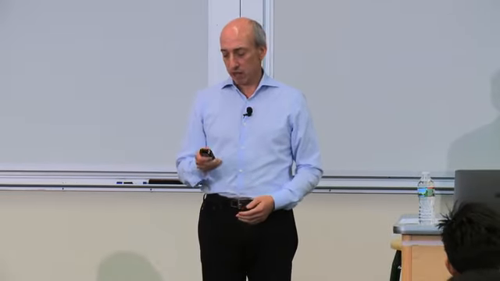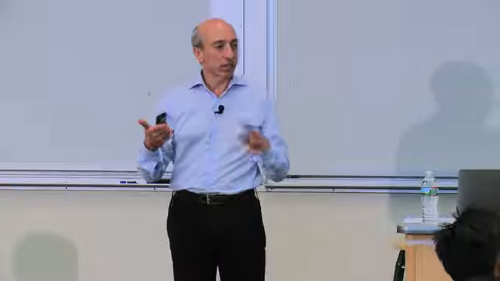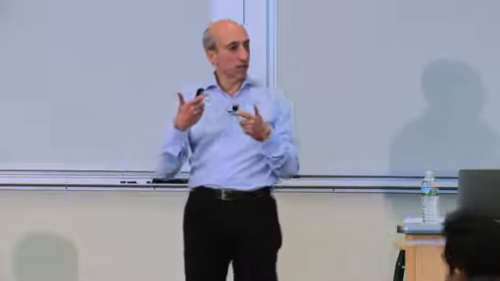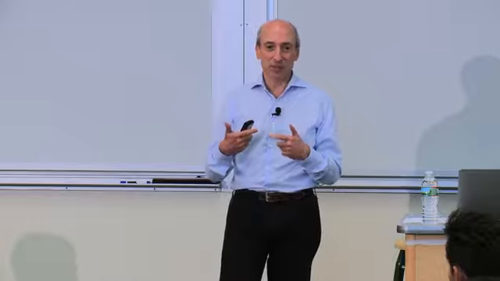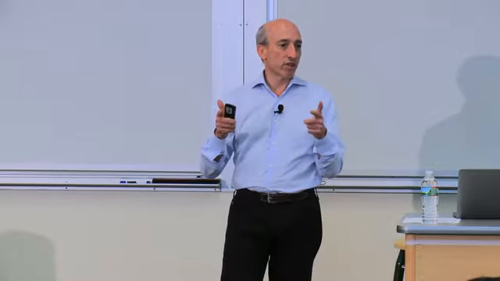So let's get going. I was leaving a little bit of time for a few more people to wander in. Today we're going to chat a little bit about the reading and study questions, and go back again to the technical and commercial challenges. This is relevant for all of our lectures, but particularly today, because we're going to be talking about two different database structures.